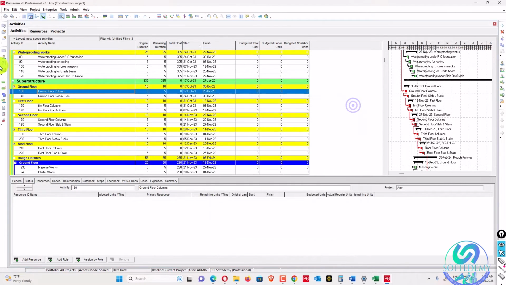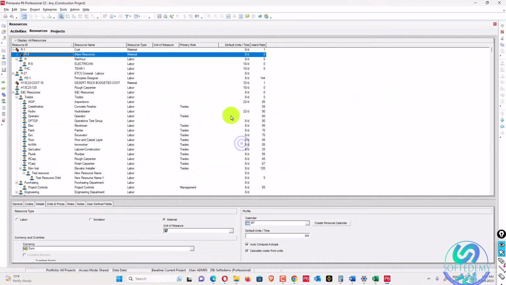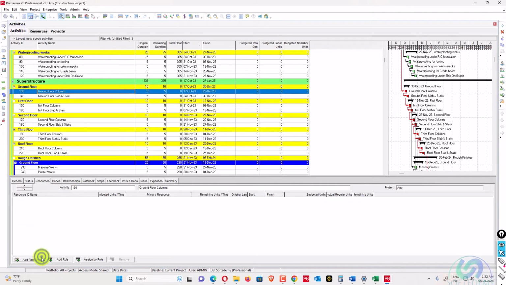There is no resource, so I will go to the resources. I will add a resource, mason. It is not material, so we go to labor and convert it. Your rate should be 0, because I don't want to assign cost to that type of resource.